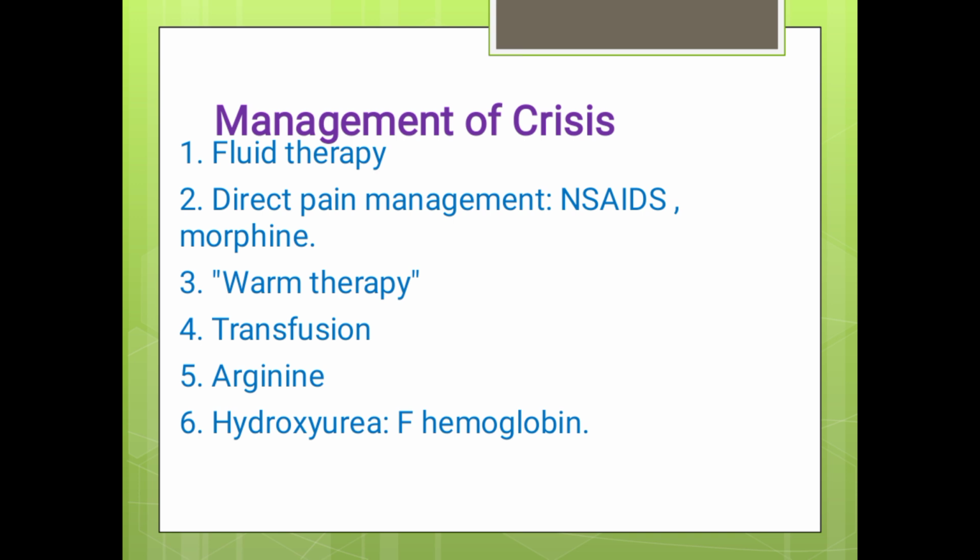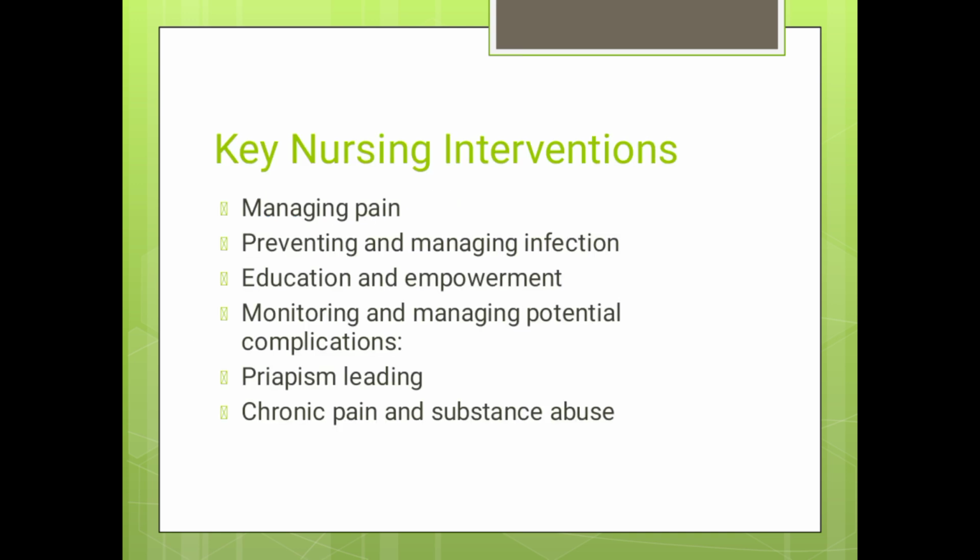It's a chemotherapy agent that is used to increase fetal hemoglobin in place of the adult hemoglobin, which has been replaced by the hemoglobin S. So this fetal hemoglobin can help to carry more oxygen for the necessary tissues and organs. That is the rationale for hydroxyurea, but it also has some effects.